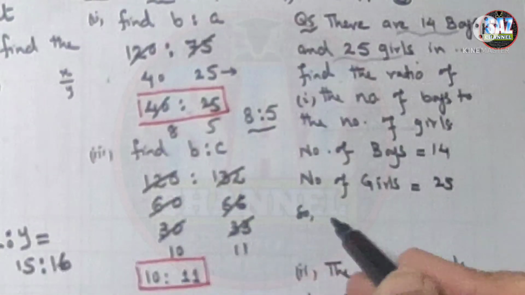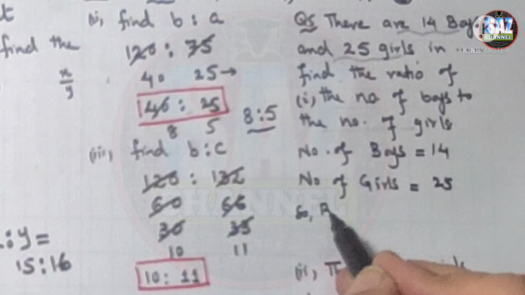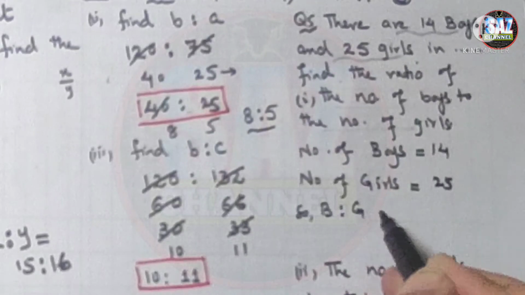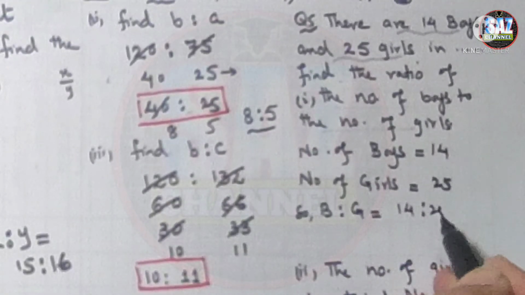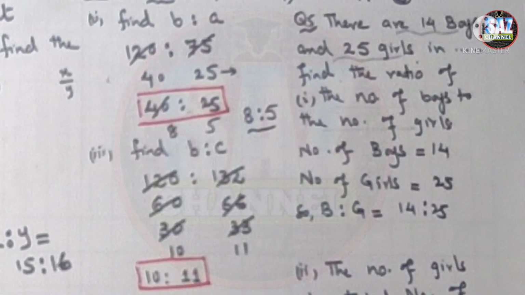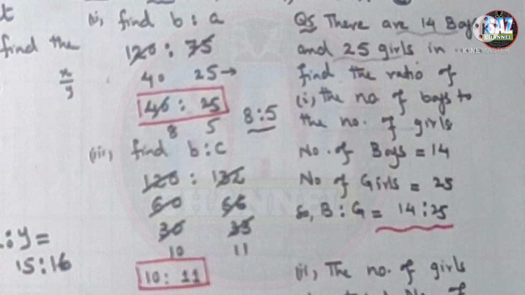So the required ratio will be equal to boys ratio girls, which is 14 ratio 25. And here we have to stop and think, can we simplify it more or not? 14 and 25, one even, one odd, so we cannot simplify it more. So this will be the answer.